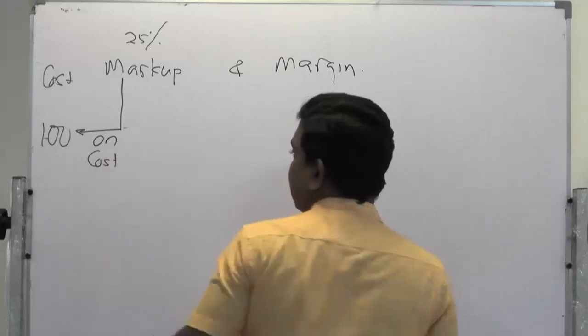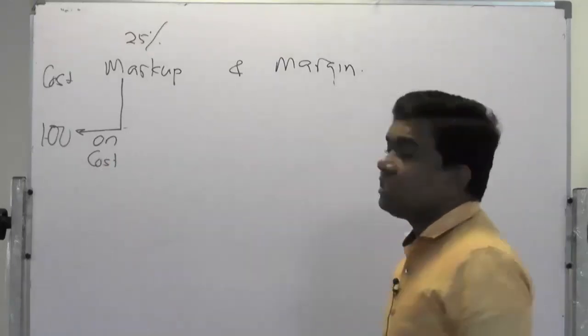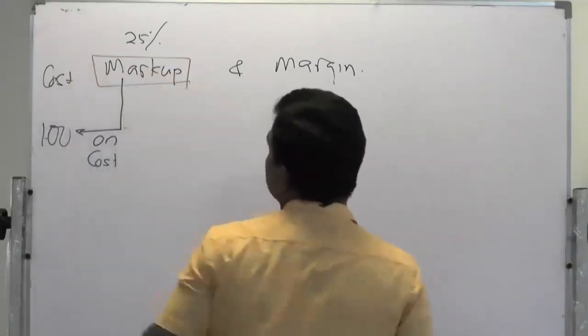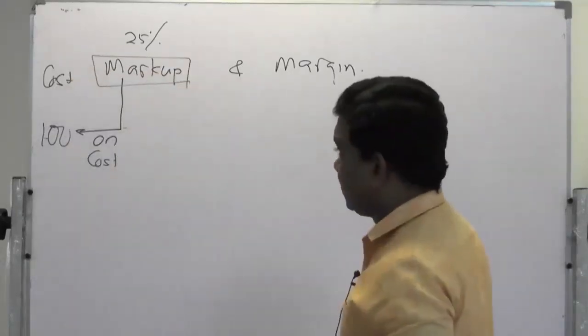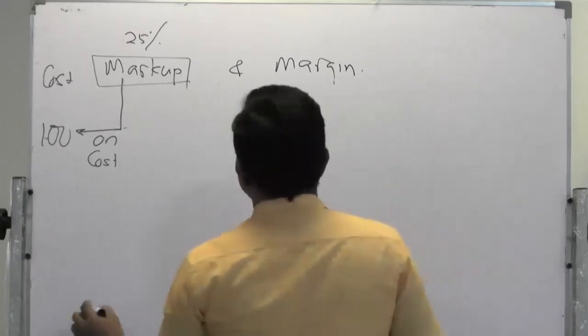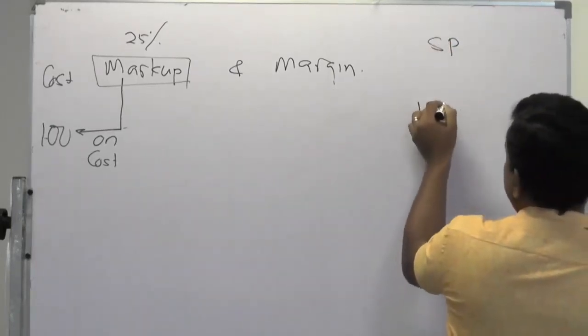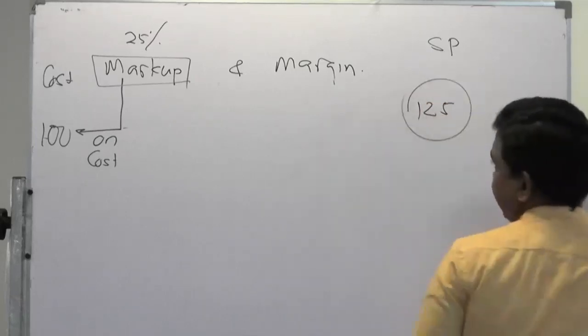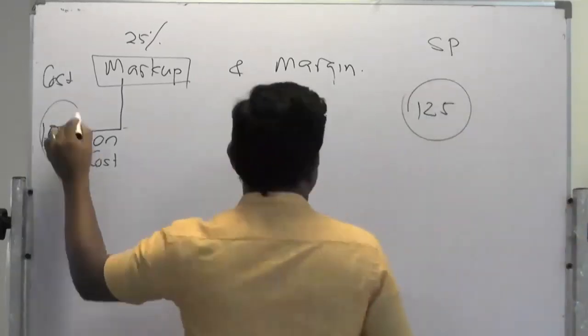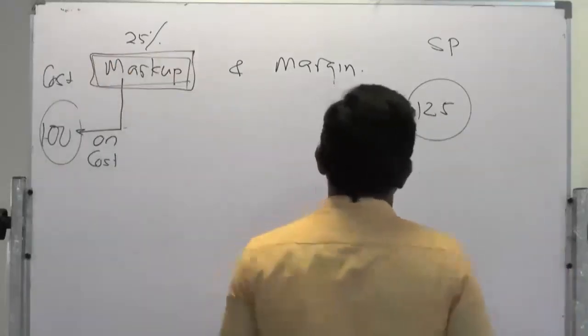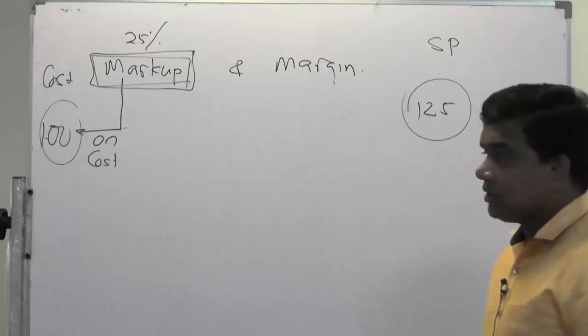When the profit is set on cost, that is markup. Therefore, the cost is 100, and you require a markup of 25%. Therefore, the selling price will be 125, since the cost is 100 and you add a markup on cost.